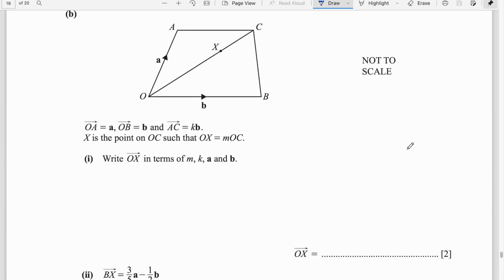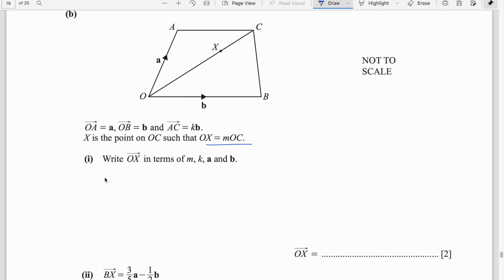P part. OA is equal to A, OB is equal to B, and AC is equal to K times B. X is the point on OC such that OX is equal to M times OC. All the data is there. Write OX in terms of M, A and KB.